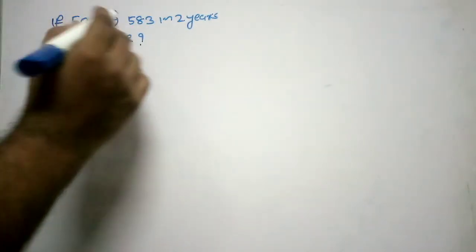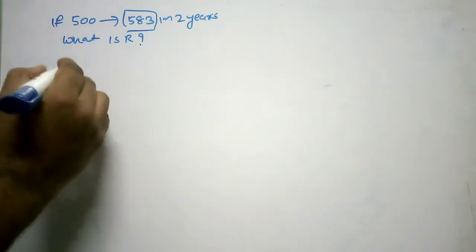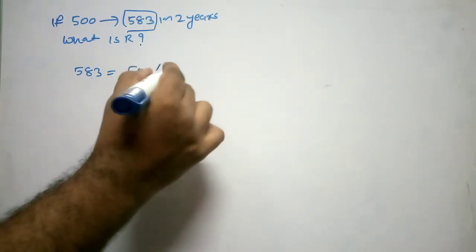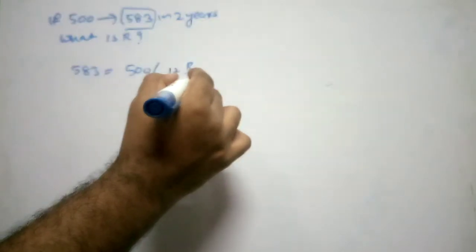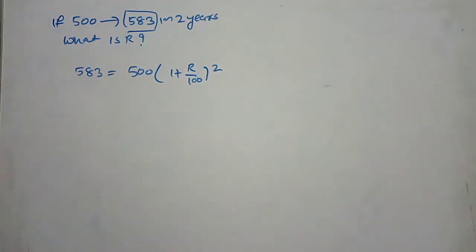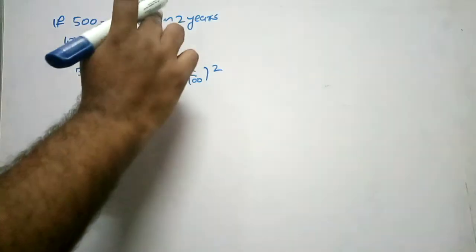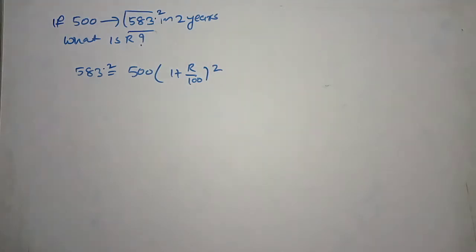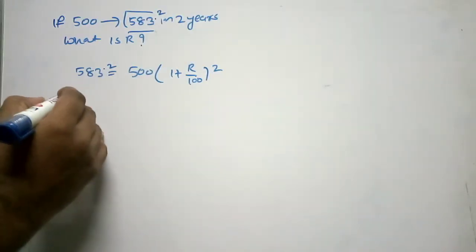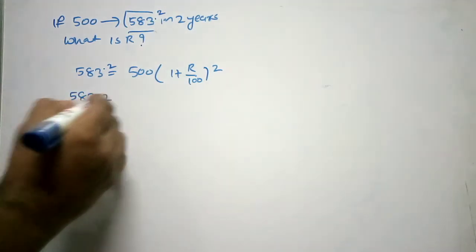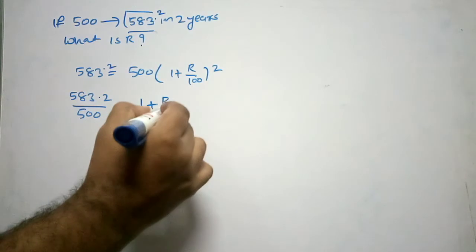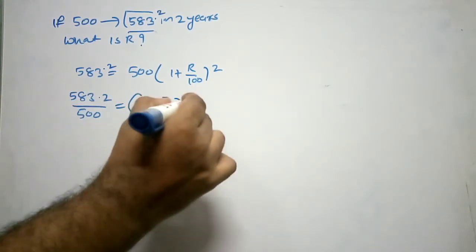The amount is 583.2, which is 500 times 1 plus R by 100 whole square. So now we write 583.2 divided by 500 is equal to 1 plus R by 100 whole square.